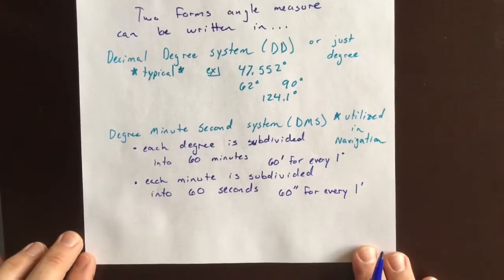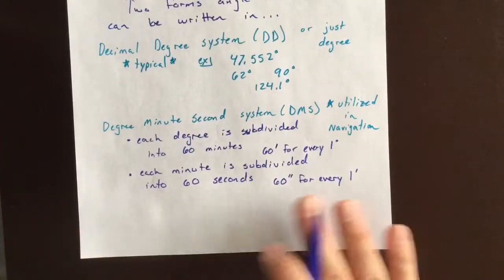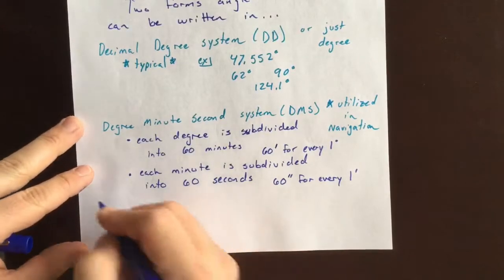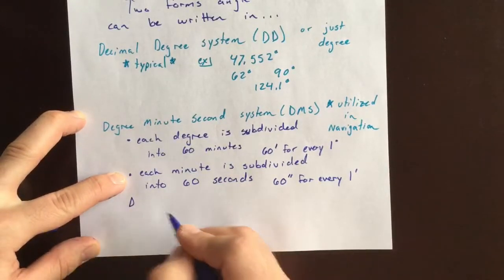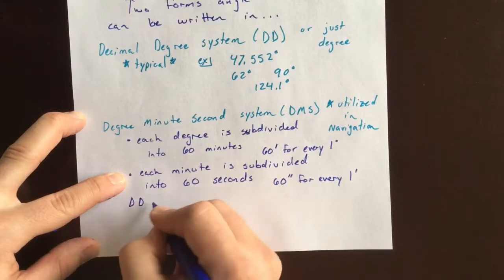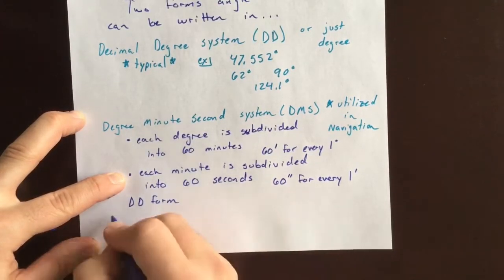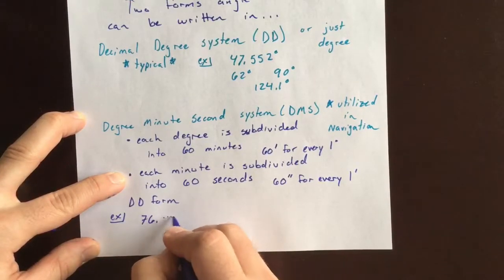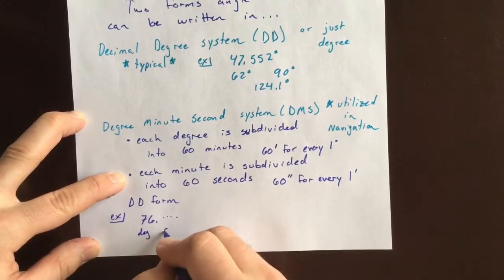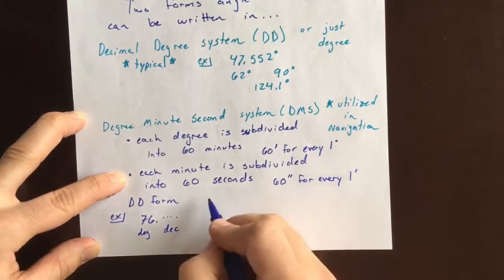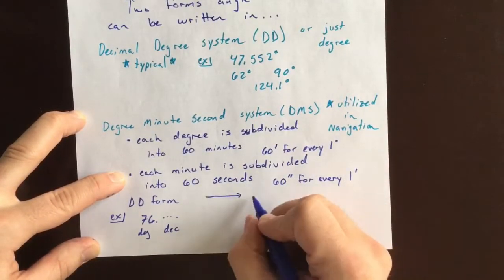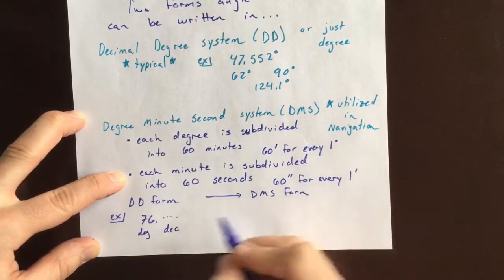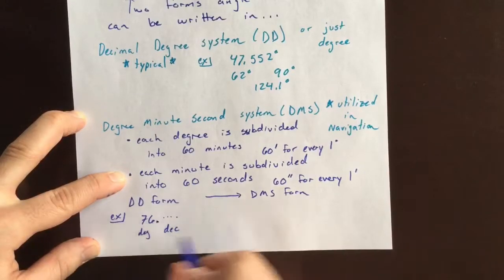Now this might not seem to make much sense, but to give you just a basic generic example, if I were to take an angle measure that's in decimal degree form, say 76 point something, where we have a degree and we have the decimal, the degrees, minutes, seconds form is going to take this 76 and the decimal.